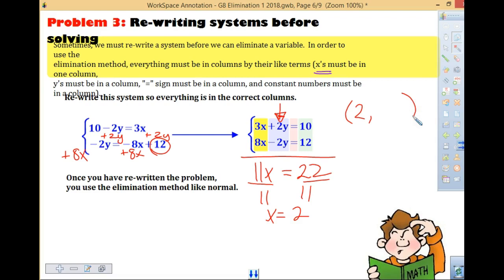So now, go back to one of your originals. Elijah, which original do you want to go back to? First two. 10 minus 2y equals 3 times 2, because that's where our x was. So 10 minus 2y equals 6.